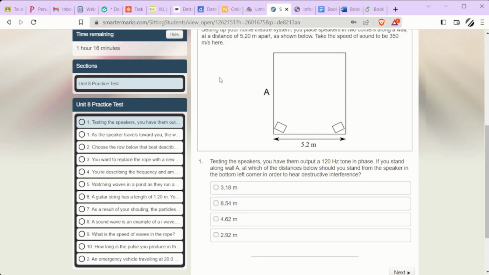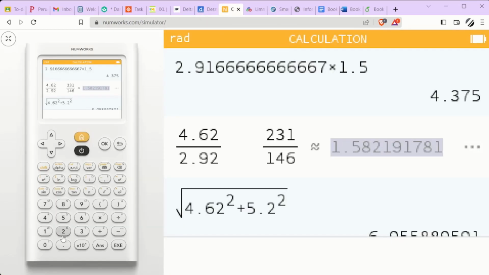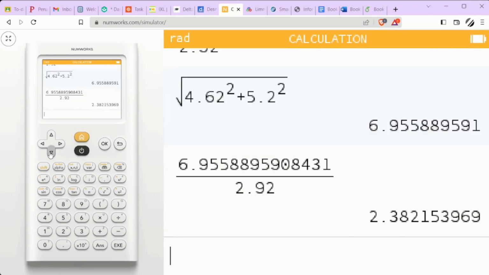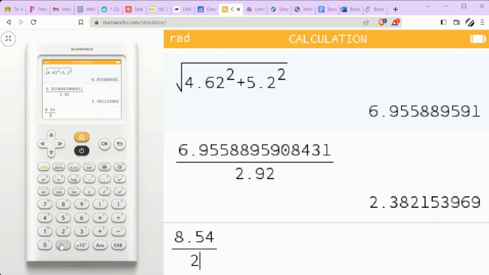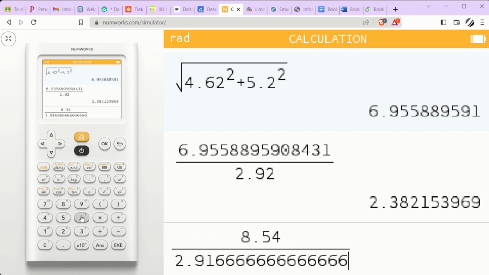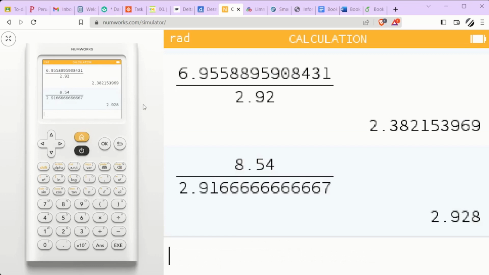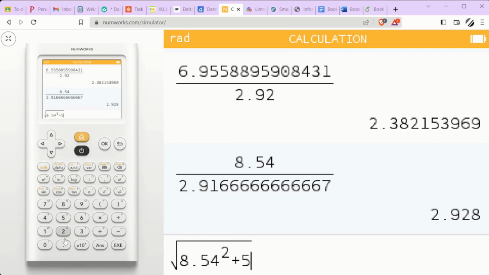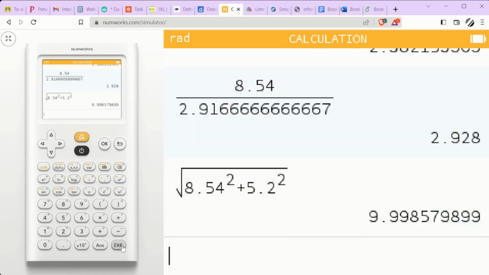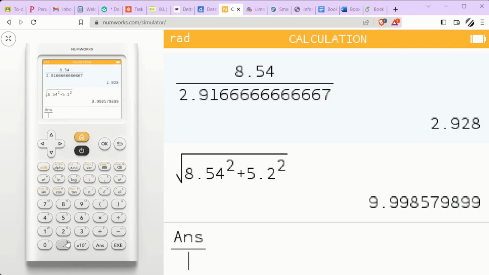So our final option is 8.54. So if we come all the way down again, 8.54 divided by 2.92, and then all these sixes, that is almost exactly 3 wavelengths. And if we take our 8.54 squared plus 5.2 squared, it's almost 10.